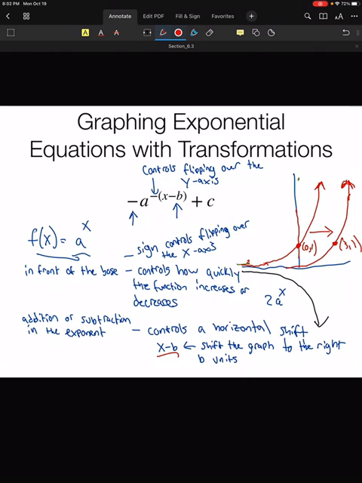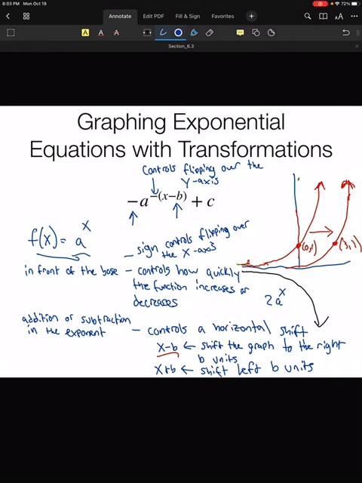Okay, so that's inside the x. x plus b, just for completeness, x plus b means shift left b units. All right? Minus is to the right, plus is to the left.